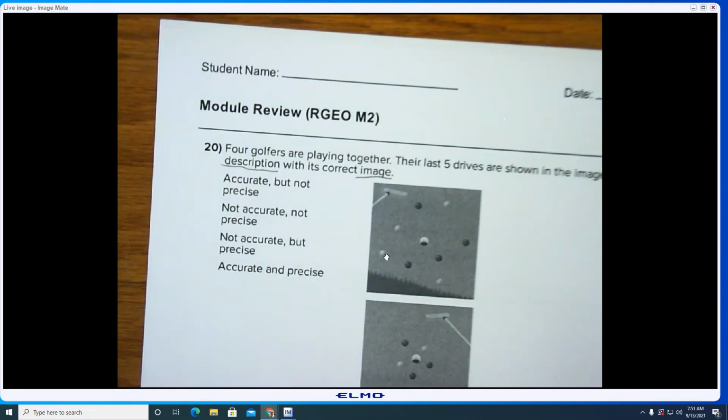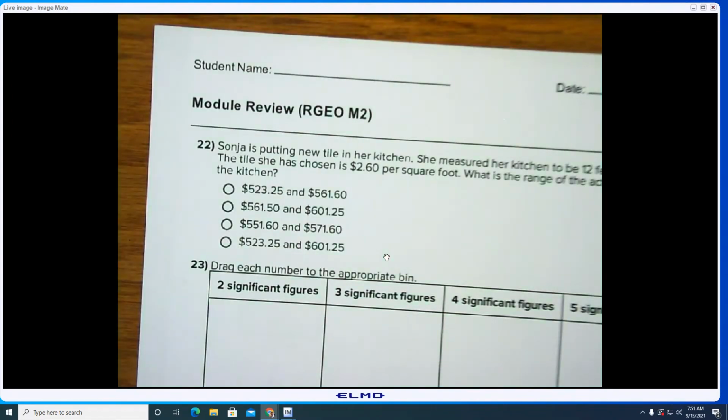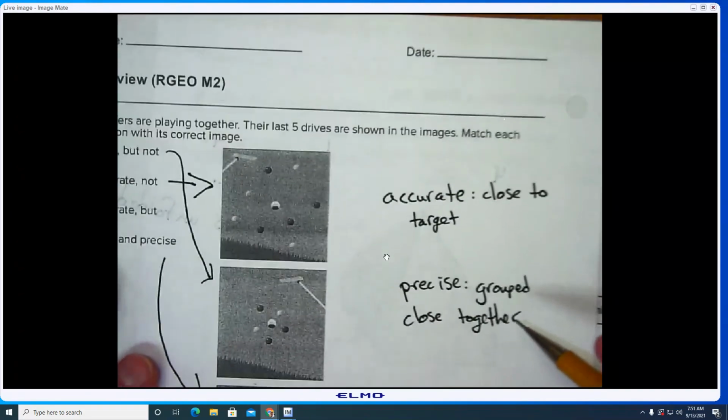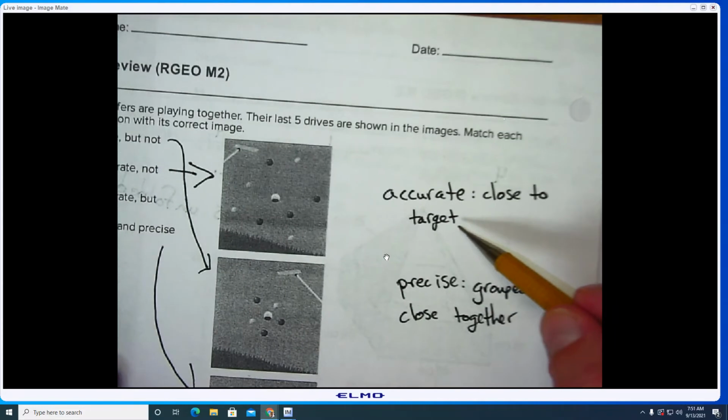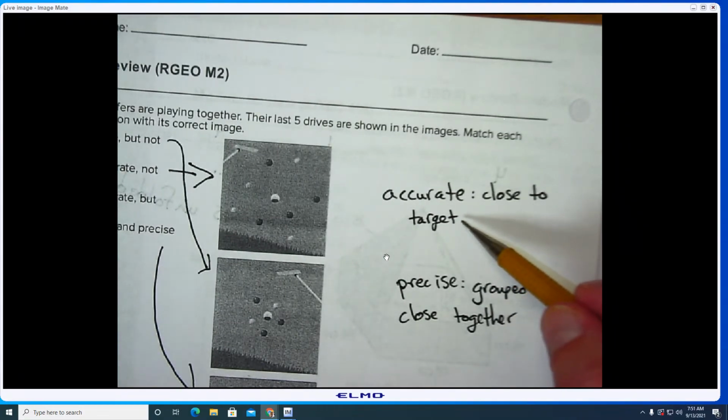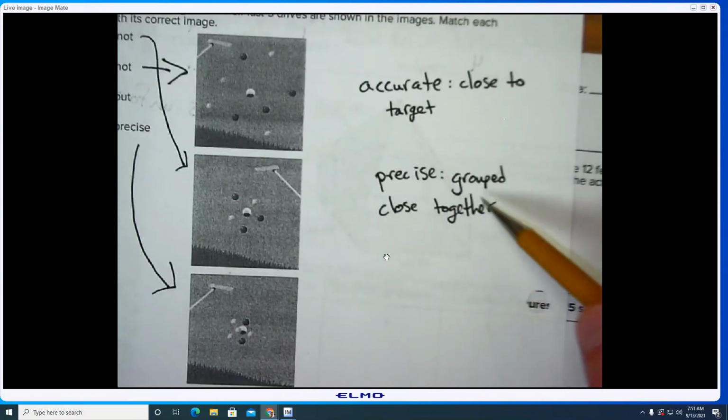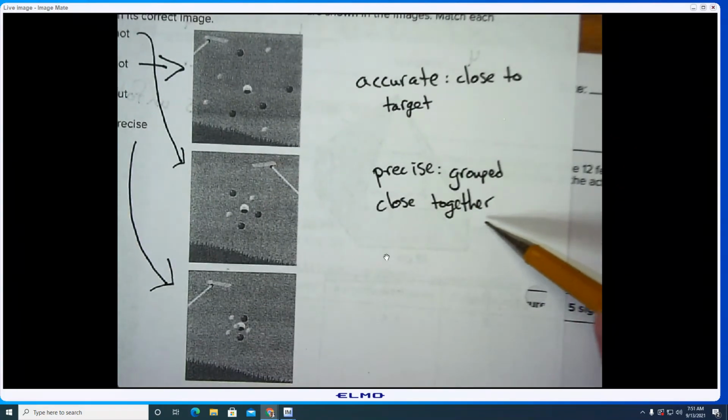All right. So accurate means you're hitting the target or you're close to the target. If you have accuracy, you're hitting the bullseye. You're accurate. Precise means they're grouped together.